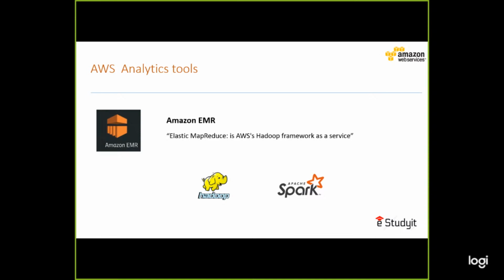So the first thing we're going to learn is an analytics tool available for big data, Elastic MapReduce. It's a collection of open sources, basically, a utility for business intelligence. It facilitates using a network of many computers to solve the problem of a massive amount of data and computation.